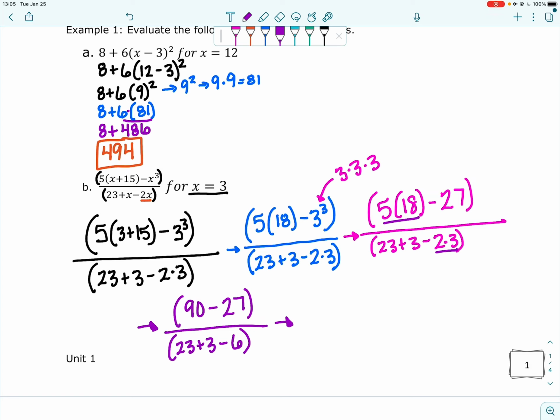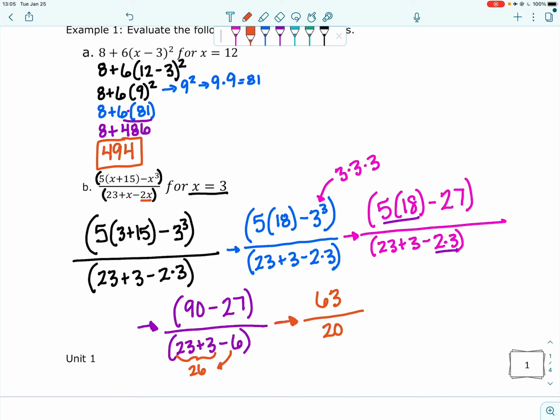So now we're going to do all the addition and subtraction in these parentheses. 90 minus 27 is 63. 23, oh, I didn't switch colors. Okay, 63 over 23 plus 3. This becomes 26. And then minus 6.